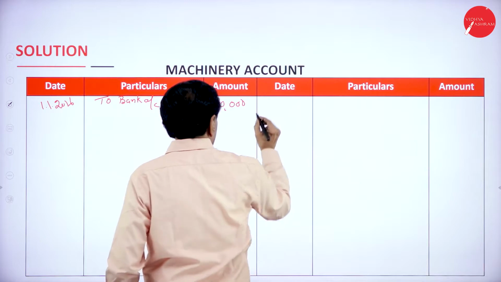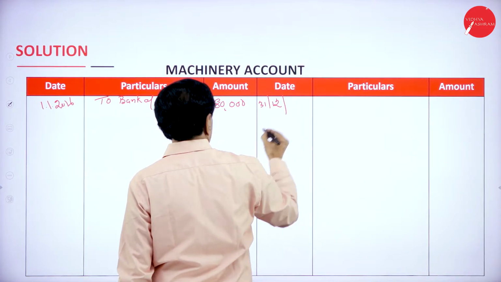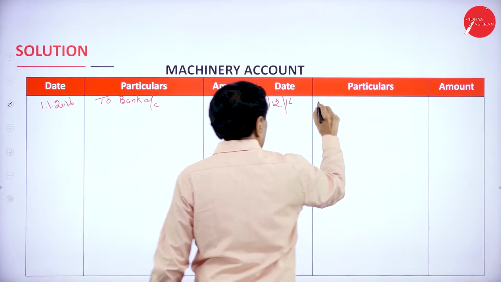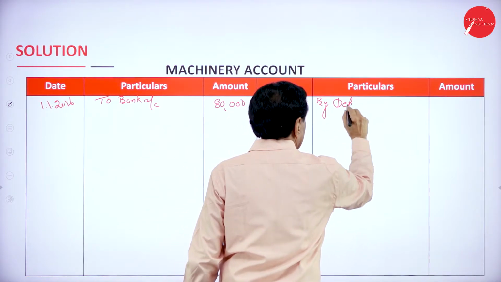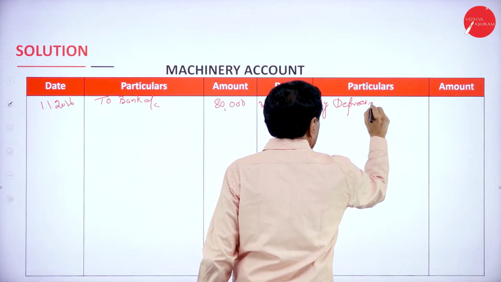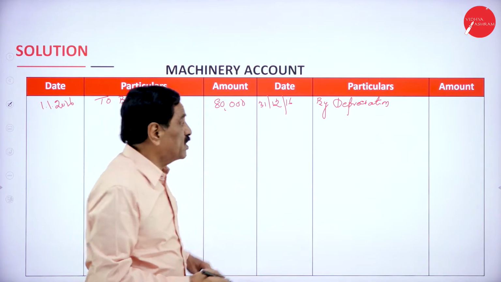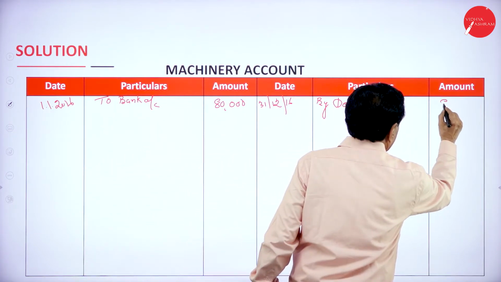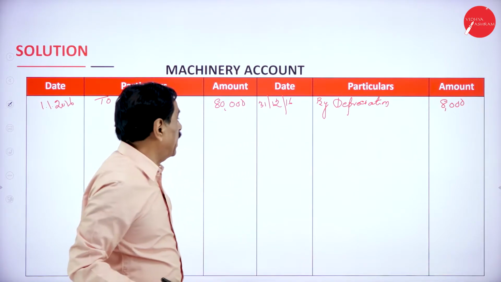End of the year, 31st December 2016, by depreciation. 10% of 80,000 is 8,000.